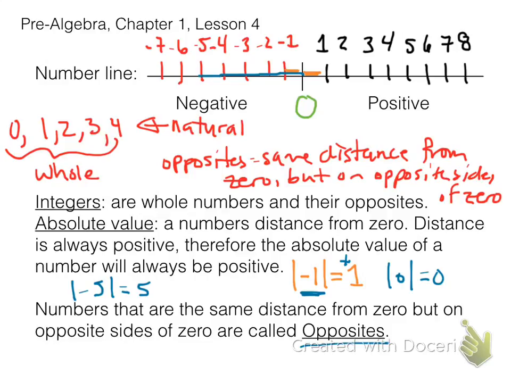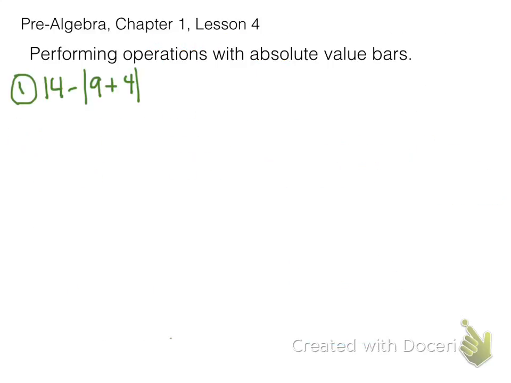Okay, so next up we need to talk about performing operations with absolute value bars. So here's an example. We have 14 minus the absolute value of 9 plus 4.